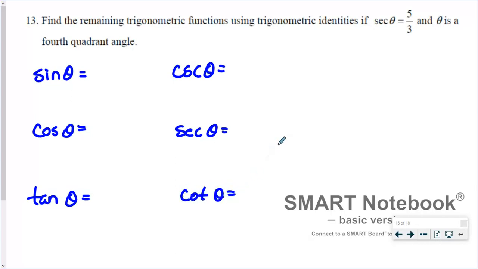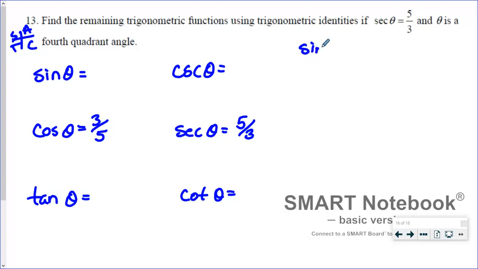So secant, they tell us, so we know this is 5/3. Well, we know that cosine is 3/5. Now it tells us this is a fourth quadrant angle. So in our All Students Take Calculus, we know that cosine should be positive, and secant. So all of these other ones are going to be negative. Well, there's several different ways that we can go about doing this.